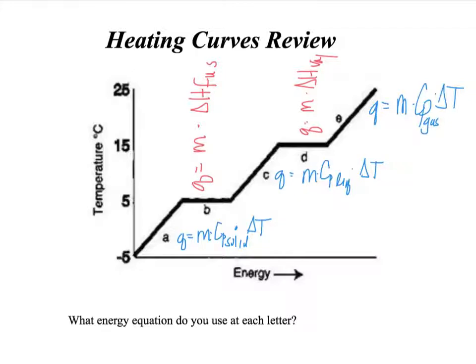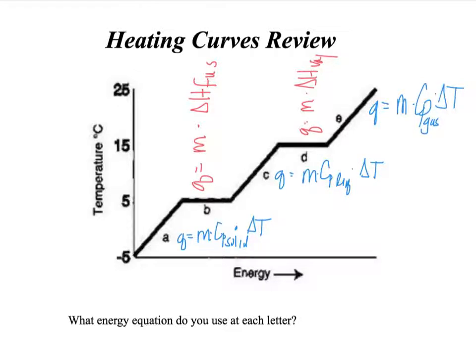At the phase change of melting or freezing, you would use Q is equal to M, mass, times the heat of fusion. When you go from B to C, heating a liquid up to the boiling point, you would use Q is equal to M times the specific heat of the liquid times delta T.